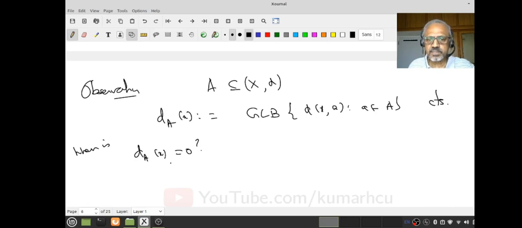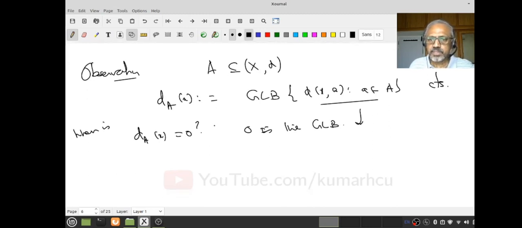Suppose d(x, A) is 0, that means what? 0 is the GLB, or if you prefer infimum, but I prefer GLB, of this set. So if 0 is the GLB, and I take 1/n that is greater than 0, therefore 1/n is not an upper bound of the set.